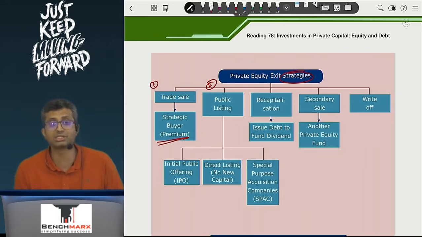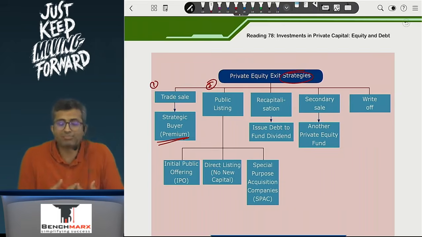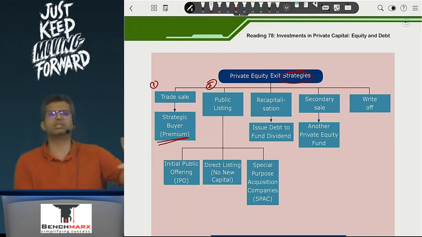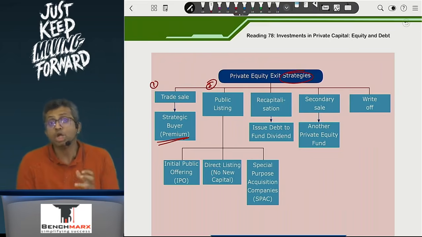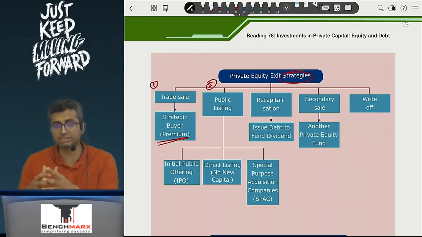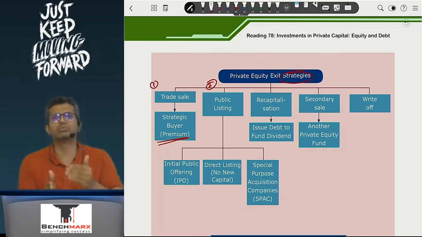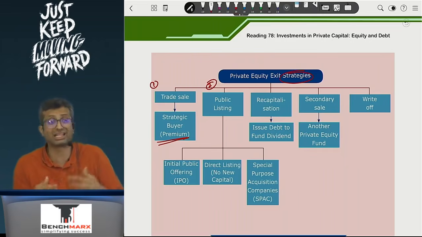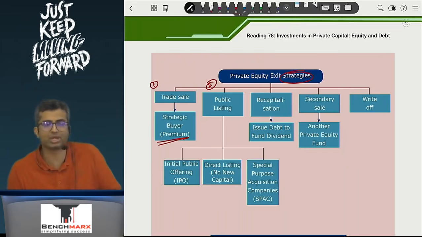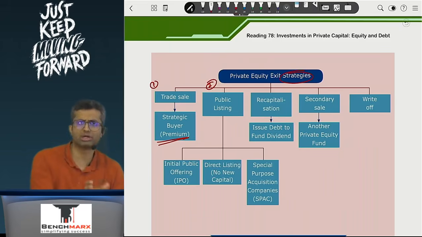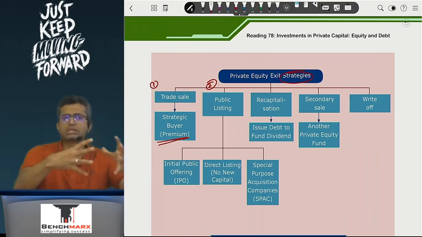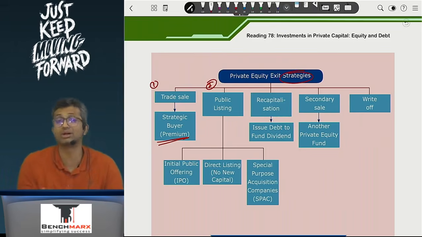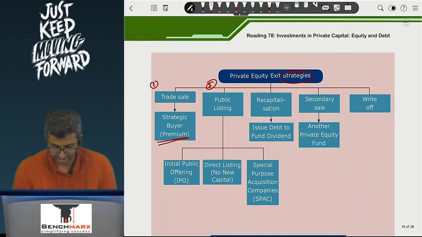It directly gets itself listed. There are 18 to 24 months of time given to those who have raised money in the SPAC, let's say $200 million, to find acquisition targets, and these targets they will acquire. So if I'm a private equity fund, I can sell my company to a SPAC, which will indirectly merge my company with itself and get it listed. So exit to a SPAC, special purpose acquisition companies, is also a possible route.